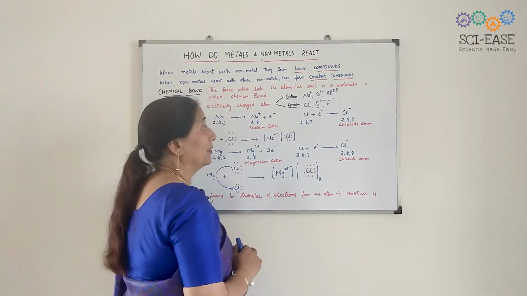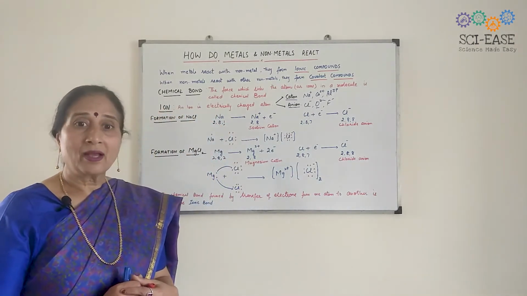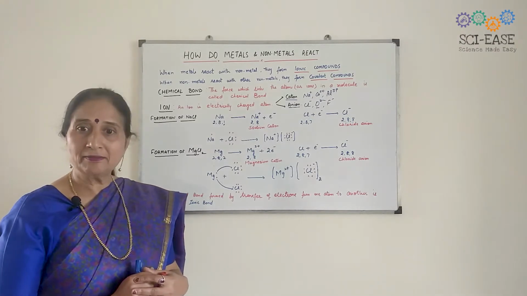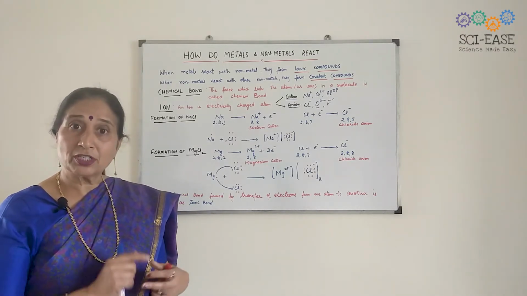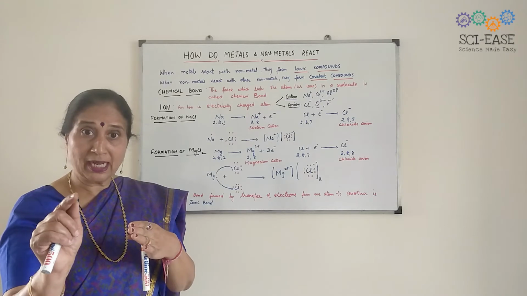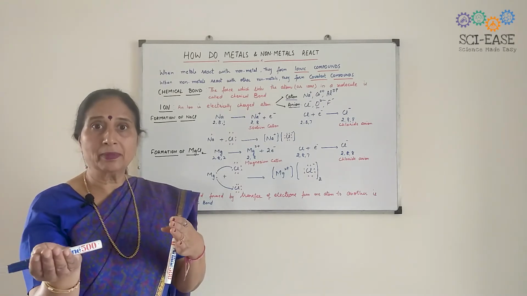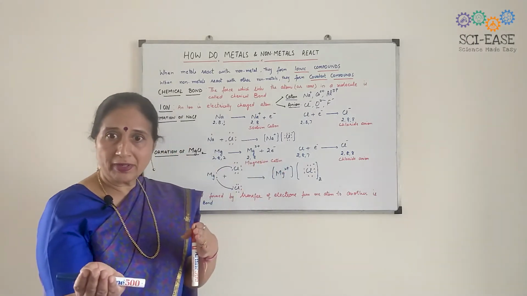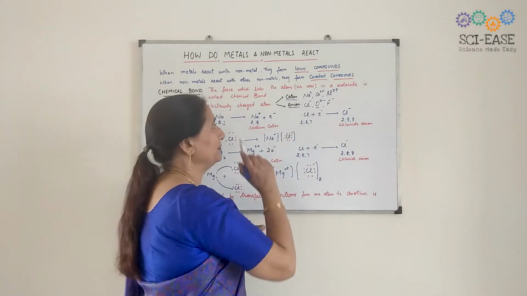Now, this is chlorine. How many electrons? 17. For the electronic configuration, first you have to write the atomic number, and then you write the electronic configuration, 2, 8, 7.